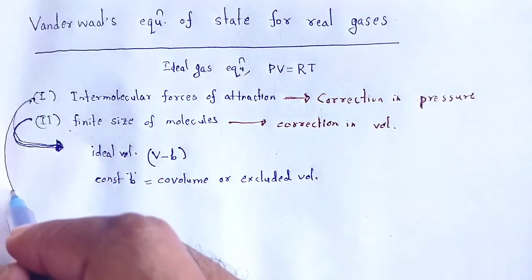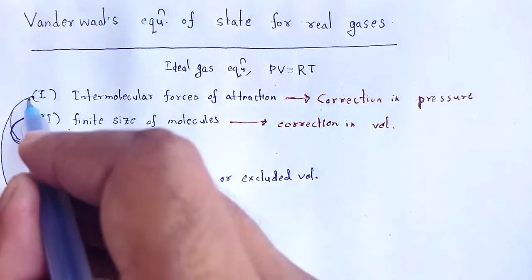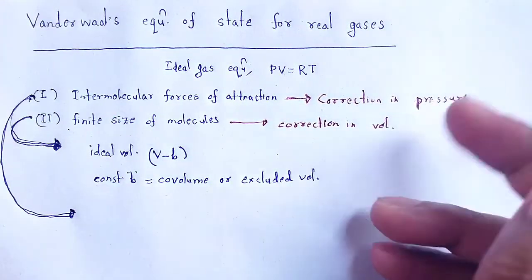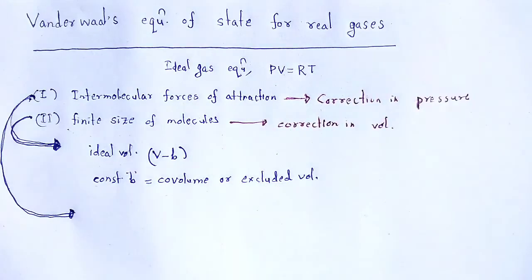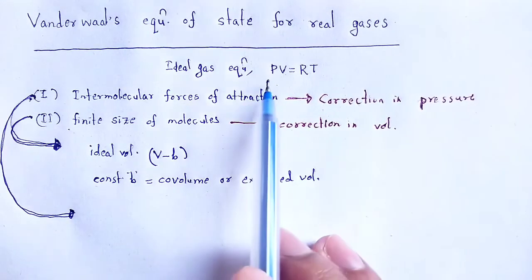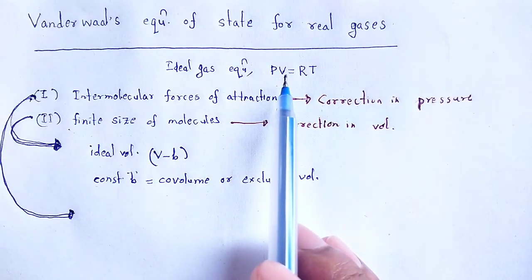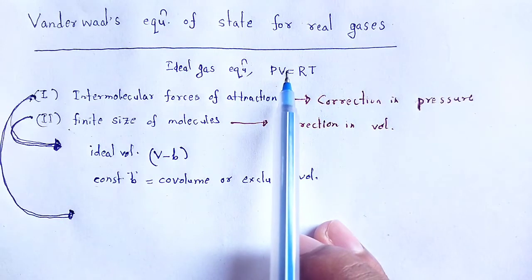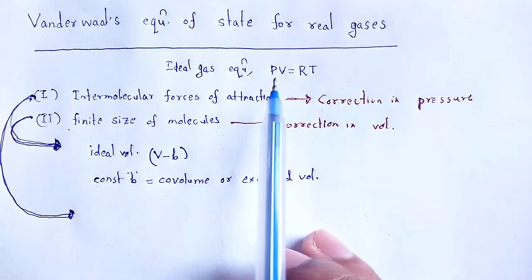Now, for pressure, how is pressure corrected? Van der Waals suggested adding some quantity to the pressure in order to get the ideal pressure.